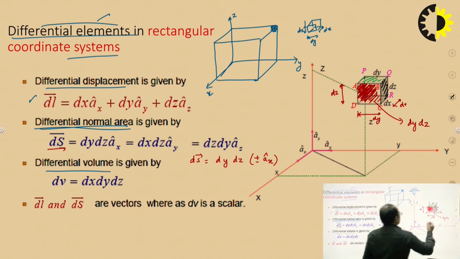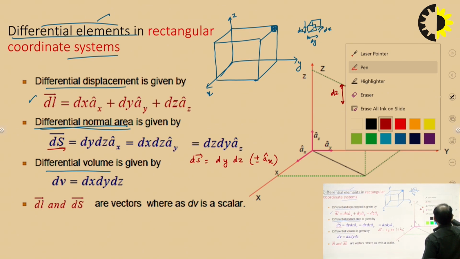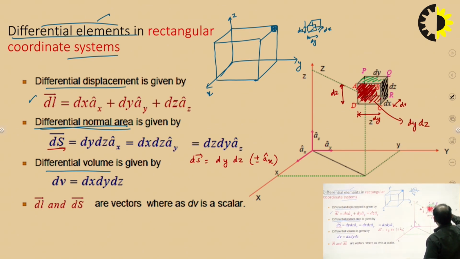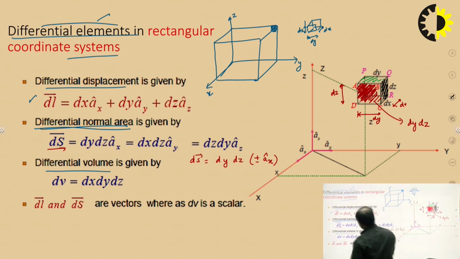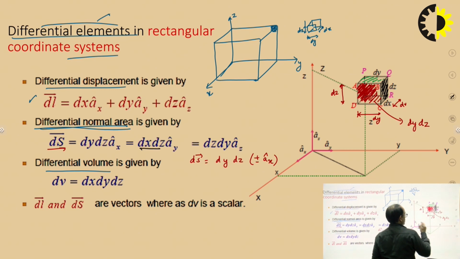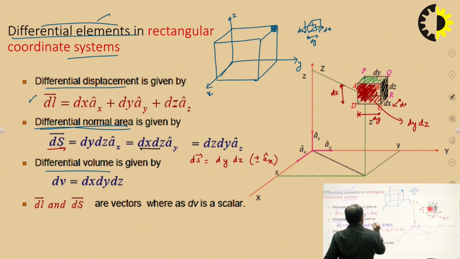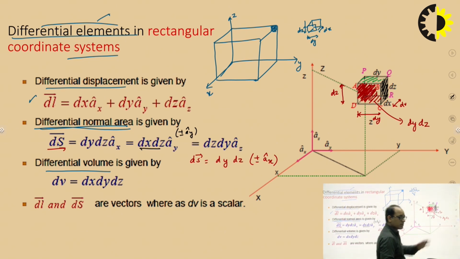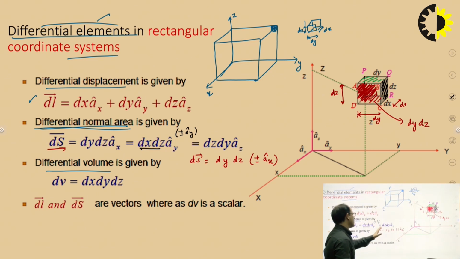So if I talk about this plane, this plane will be equal to what? dx into dz, and the direction vector perpendicular to this plane will be in this direction or in this direction, that is plus minus a cap y. Whether it is plus or minus depends on the volume, which we'll talk about later.